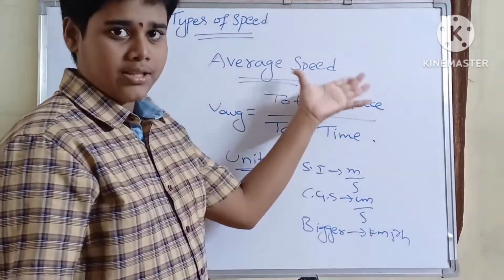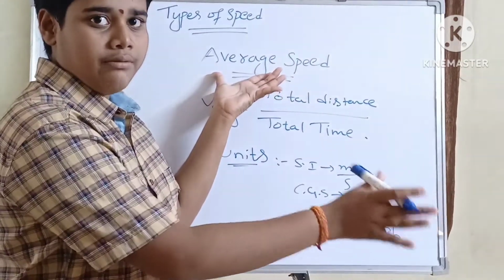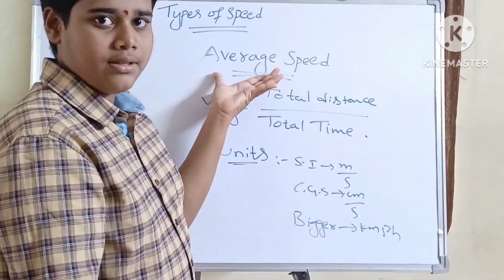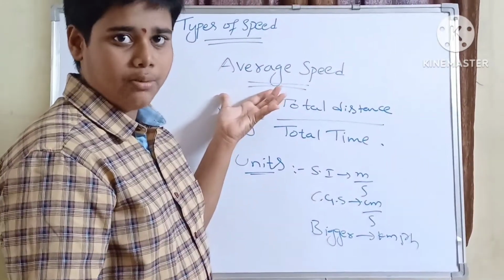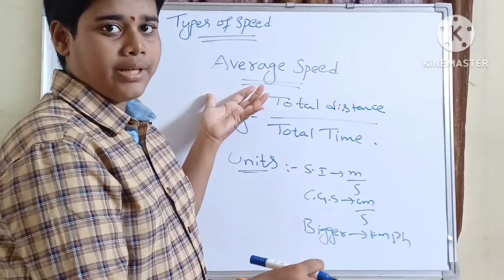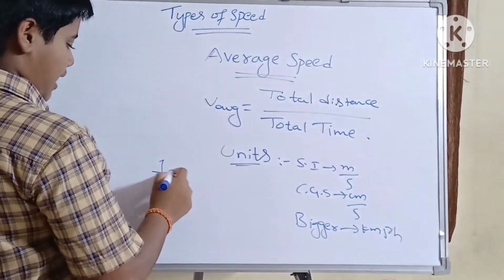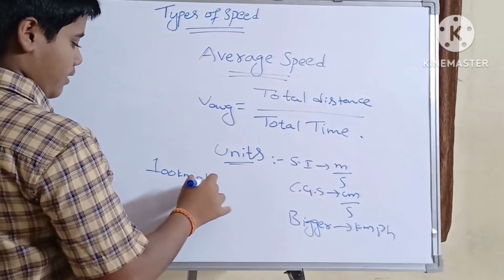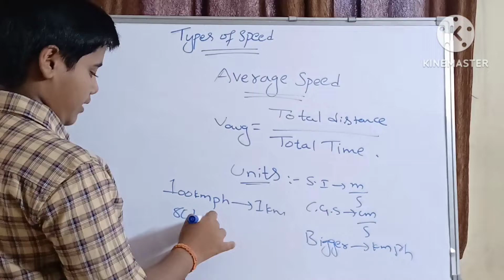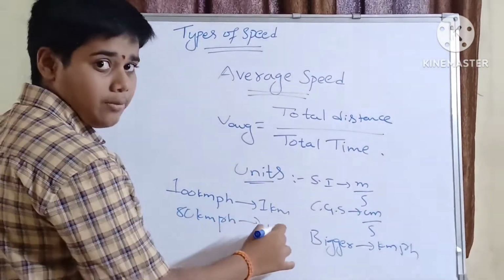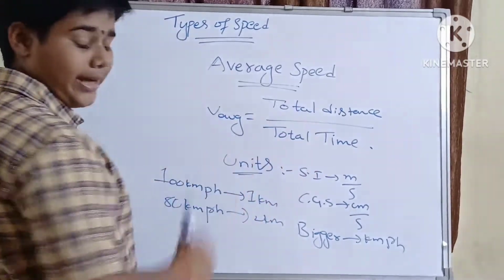So what is average speed? For example, a car is moving with 100 kmph for a distance of 1 kilometer and 80 kmph for 2 kilometers. They are asking for the total time.